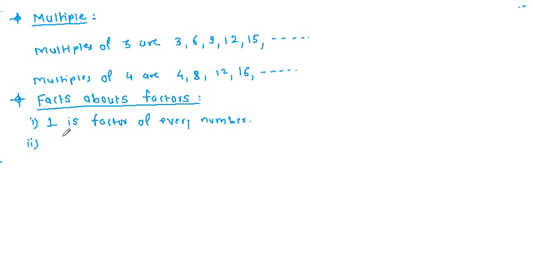Point 2: every number is a factor of itself. We see the example of 10. If we divide 10 by itself, that is by 10, we get the remainder 0. That is, it is an exact divisor of that number. So every number is a factor of itself.